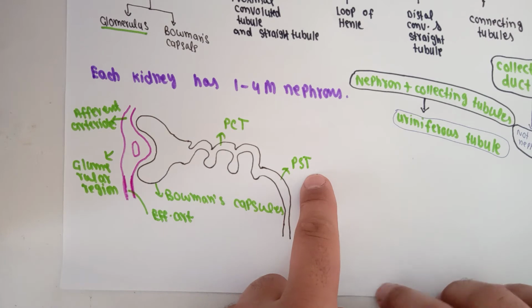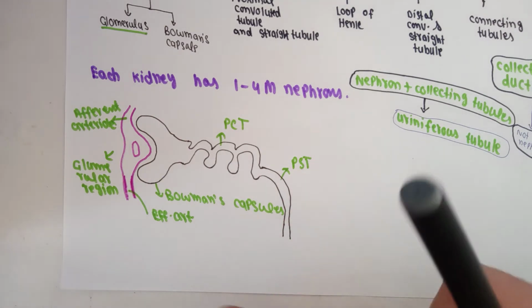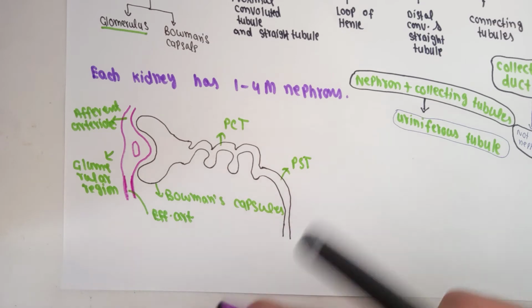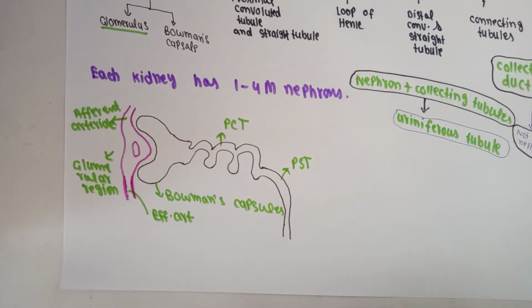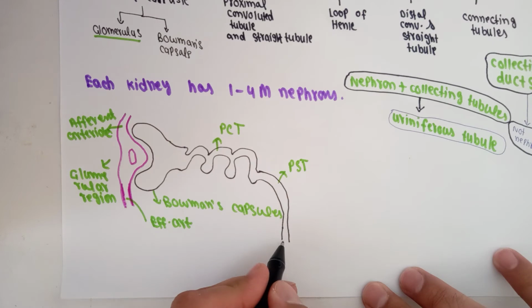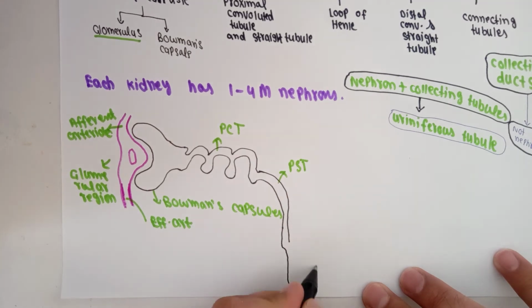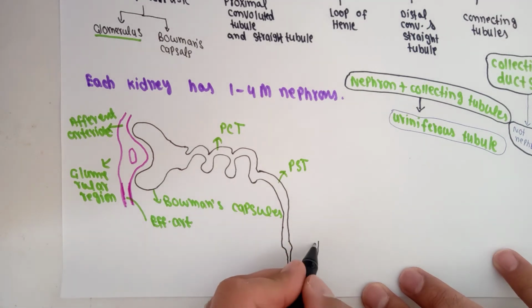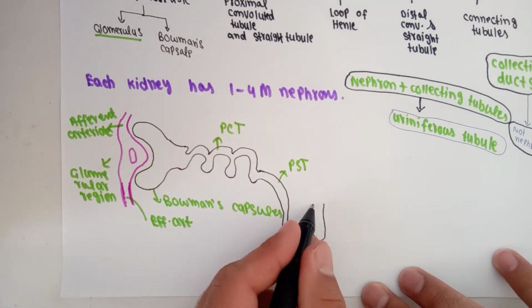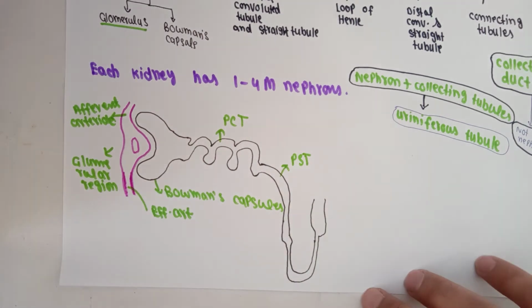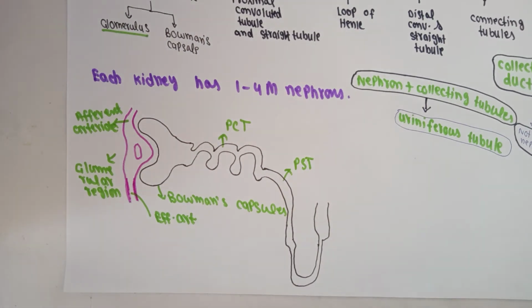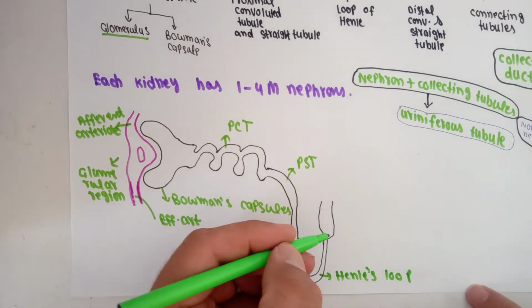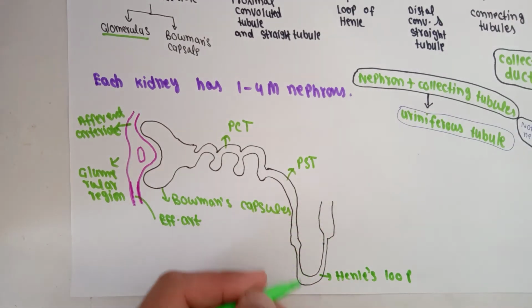After the proximal straight tubule, there is another region which is called the loop of Henle or Henle's loop, and this is present mainly in the middle region. This is the descending loop of Henle, thin descending.